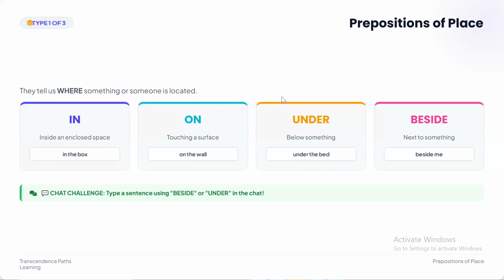The phone is beside her. The pen is under the table.